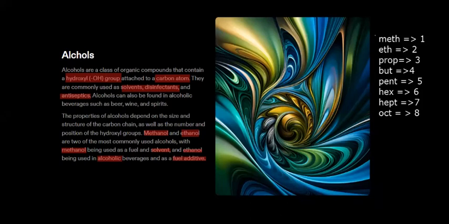So now we can see meth here and meth here. Normally if you're naming, you can easily identify if it's meth or eth or prop or but, etc., by the first few letters of the name of an organic compound.